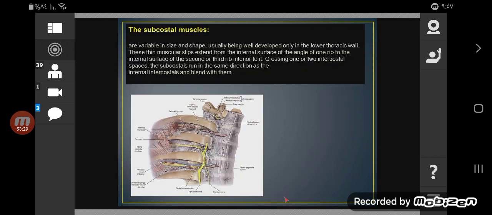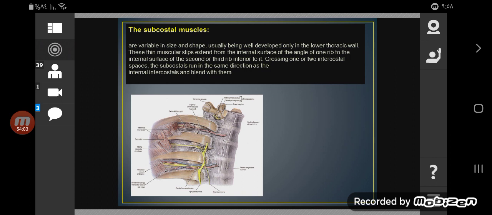Okay, on the internal aspect of the thorax, but in the lower part you can find subcostal muscles. Subcostal muscles arise from the internal surface of the rib and attach to the next two or three ribs.